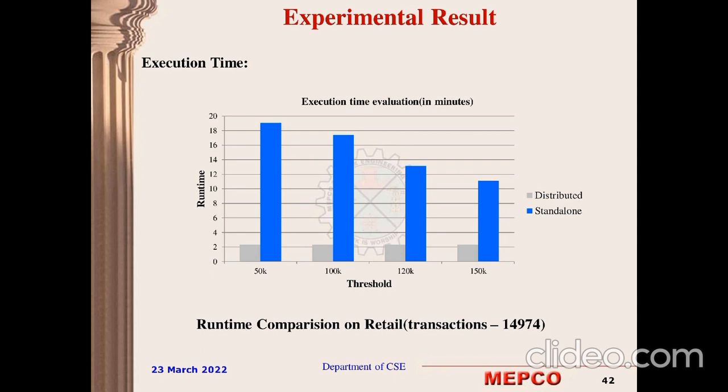Here the time taken for execution is greater in the standalone system than in the distributed system. This is because the retail dataset contains a larger number of transactions, so it is more efficient to execute it in the distributed system than in the standalone system.